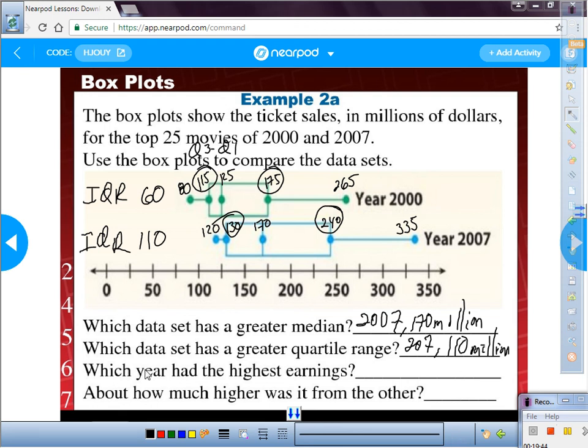All right, let's go to the next question. What year had the highest earnings? Well, by the looks of it, 2007. And tell your neighbor how much more did it grow? Yeah, 2007, I did that on purpose. All right, about how much higher was the other?